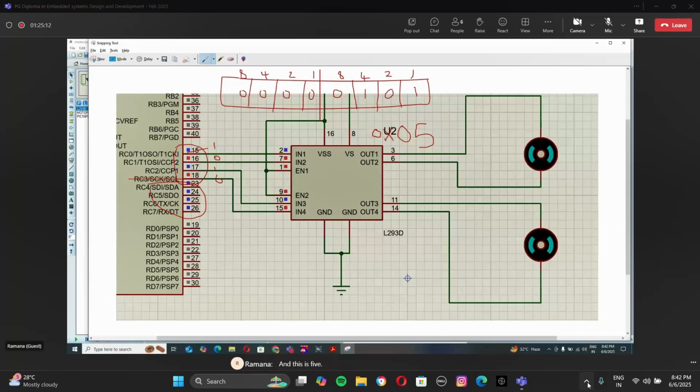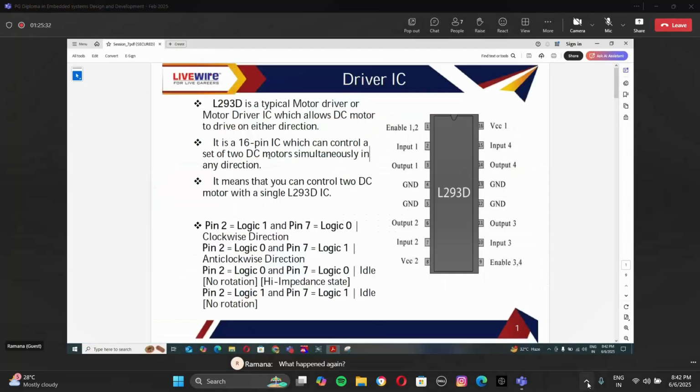Okay, what happened? If you're giving second pin 1 and seventh pin 0, what happened? Again, the input we are giving is 10, which means the motor will run forward. Second pin 1 and the seventh pin 0, 10.